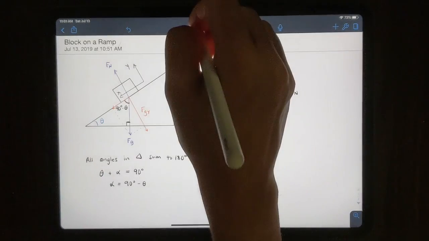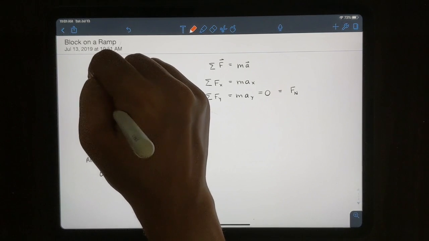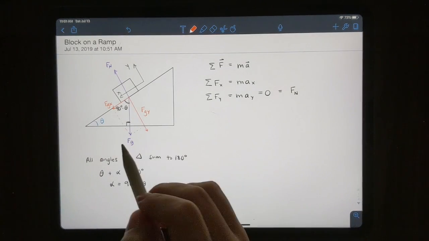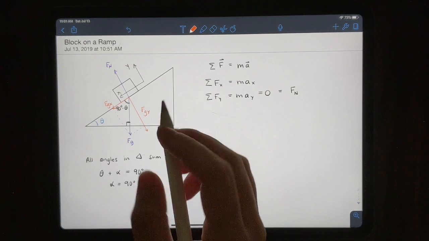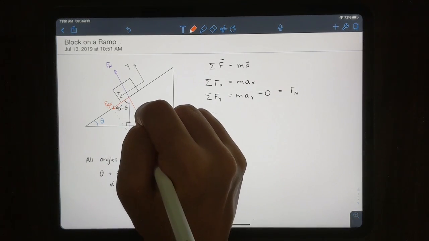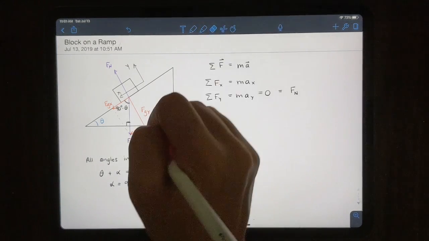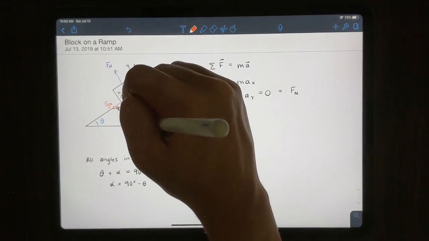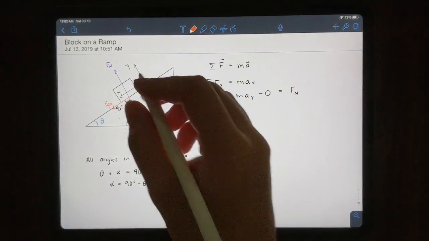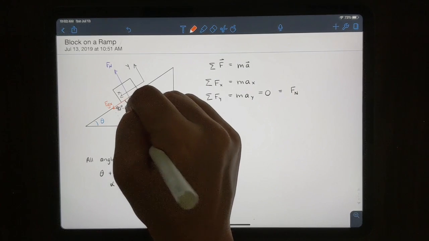So I can see that FGX is up here, but it actually doesn't matter if I draw FGX up here or if I slide it down here. I drew this arrow a little bit too long, so we'll shorten that up a bit. So FGY, FGX, I can slide it down here.